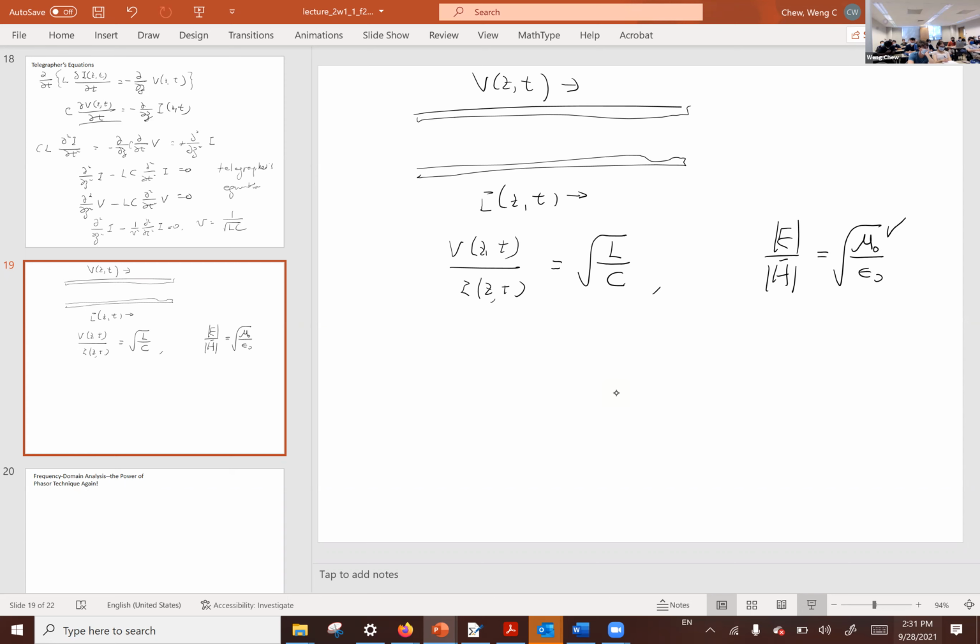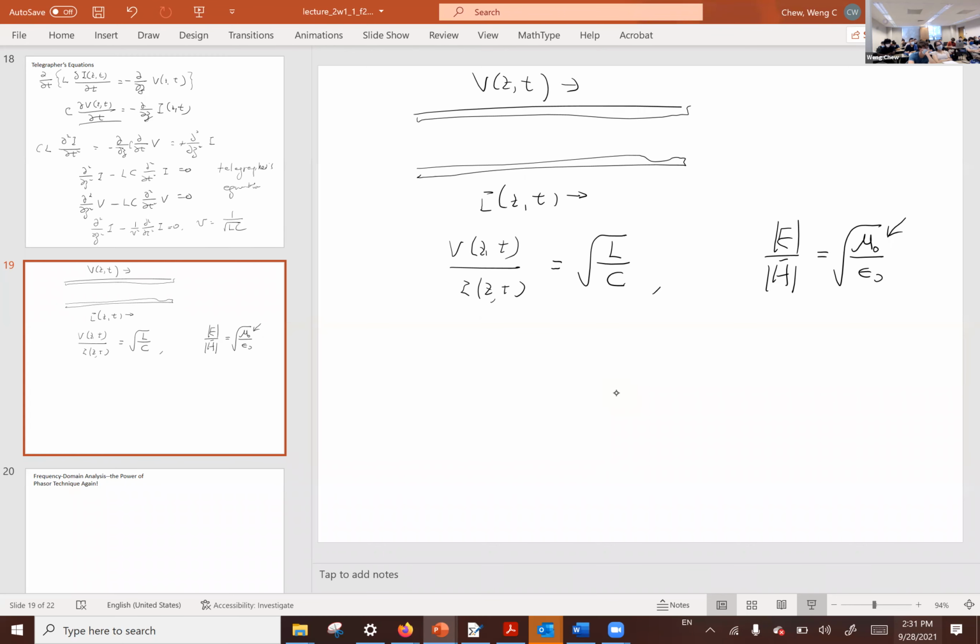So mu naught has the unit of Henrys per meter, and epsilon naught has the unit of Farads per meter.